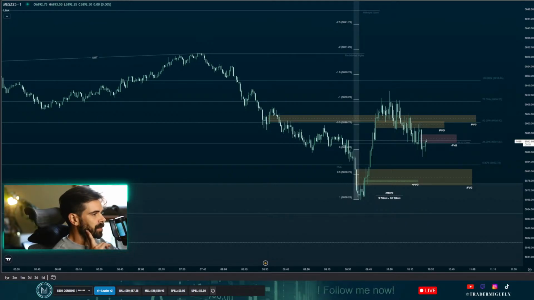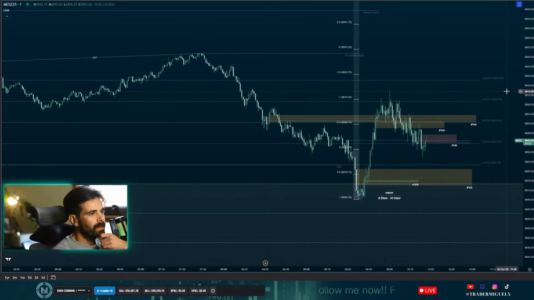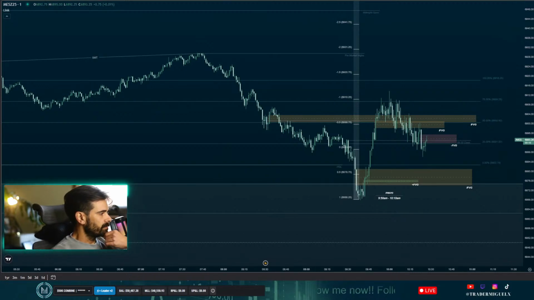Let's see, for a bullish continuation, I would like to see that being inverted and not being respected here. In terms of retrace, yeah, we went for equilibrium as well. So let's see.